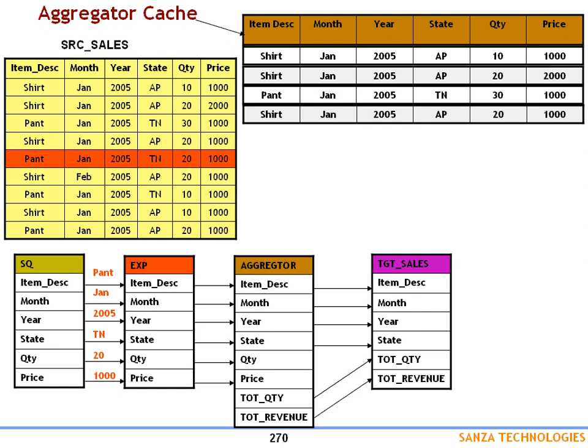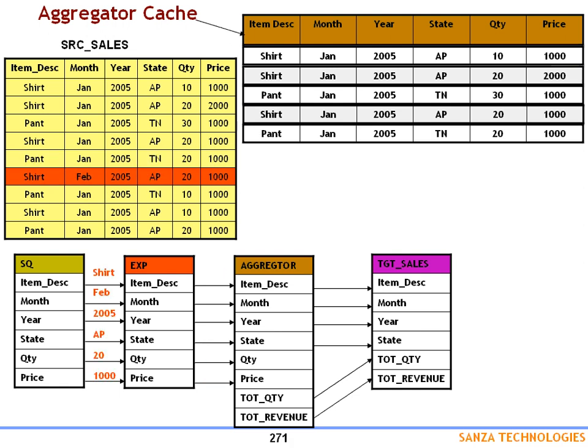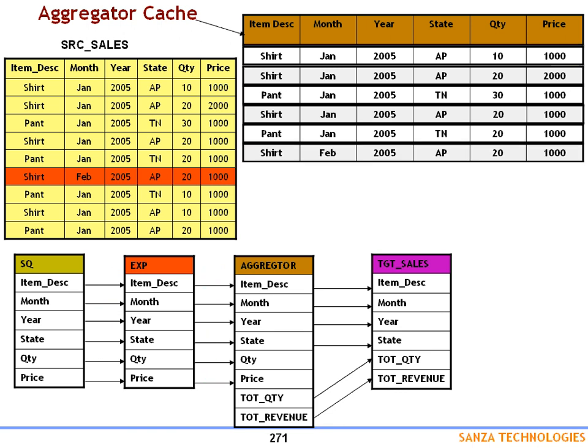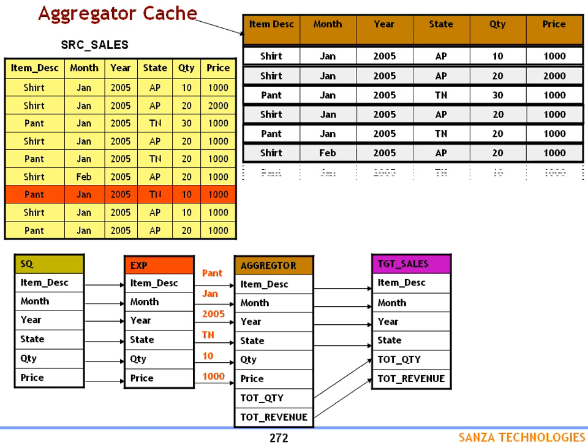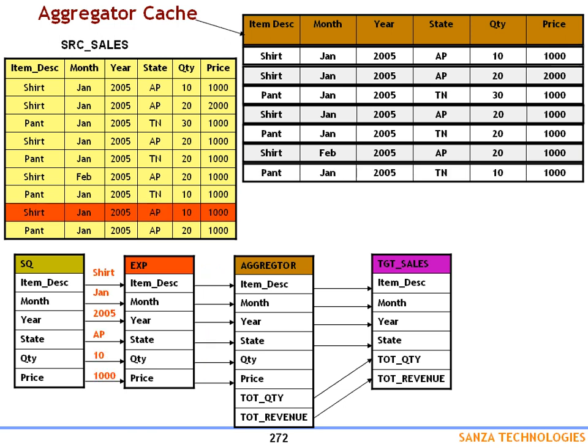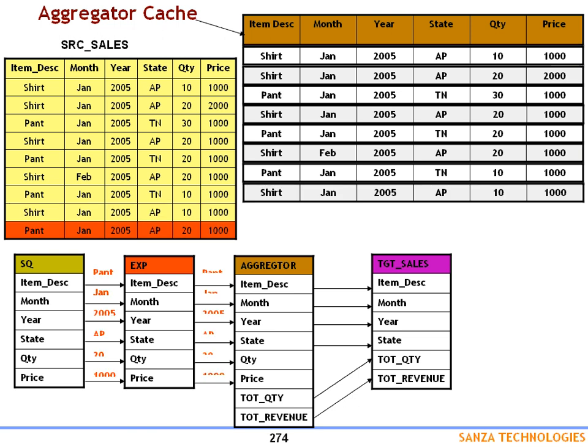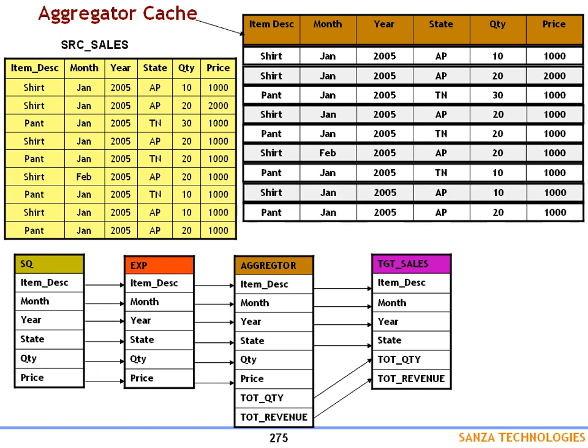So whenever you have an aggregator transformation, it is a bottleneck in an Informatica mapping because it stops the process. Till all the data, 1 million records or 10 million records from your source, all will be put into the aggregator cache.